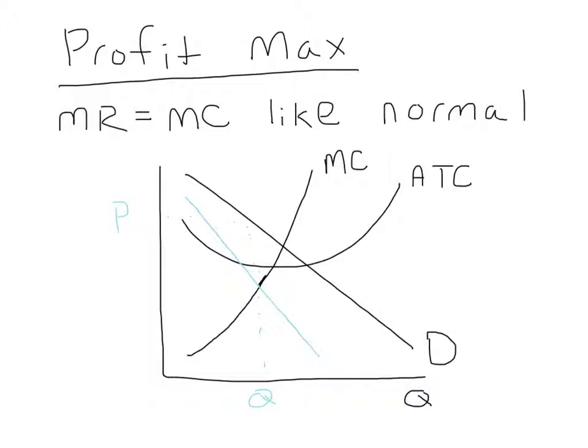Then we can see the difference between the price that they're being paid per unit and their average total cost at that point. That would be this vertical distance. So we see this is the average profit per unit. They make Q total units. So this blue box that I'm highlighting represents profit.